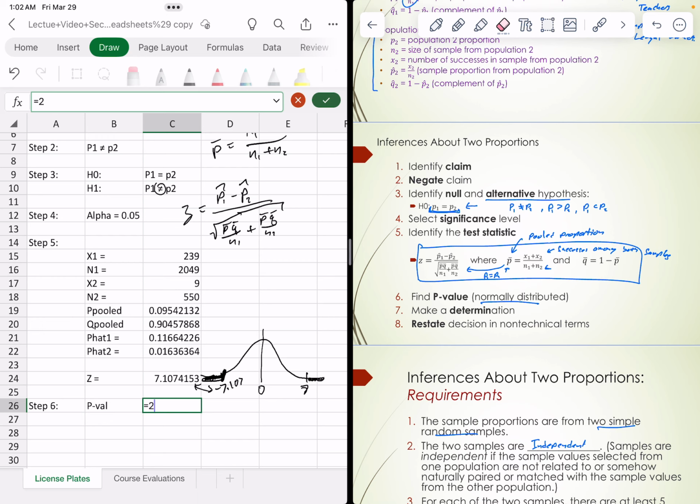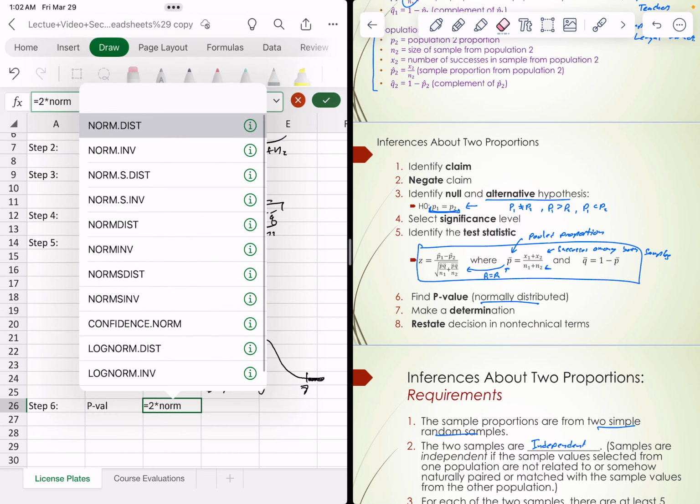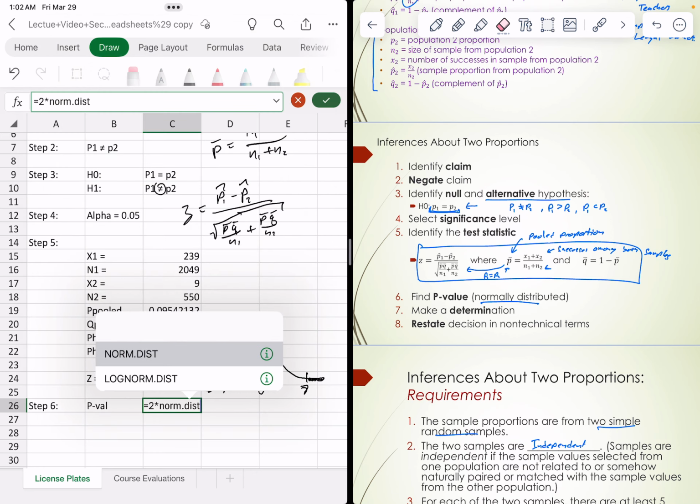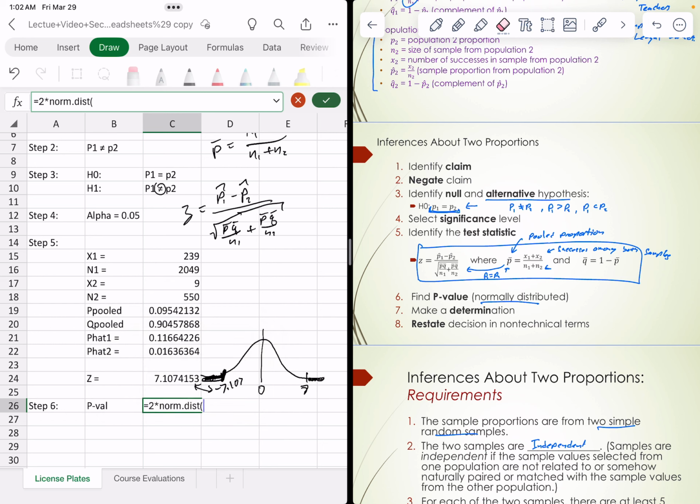Equals 2 times norm.dist. There's no right tail or two tail option with norm.dist. So negative z-score, comma, 0, 1, cumulative 1, close parentheses, enter. Okay, there's my p-value.